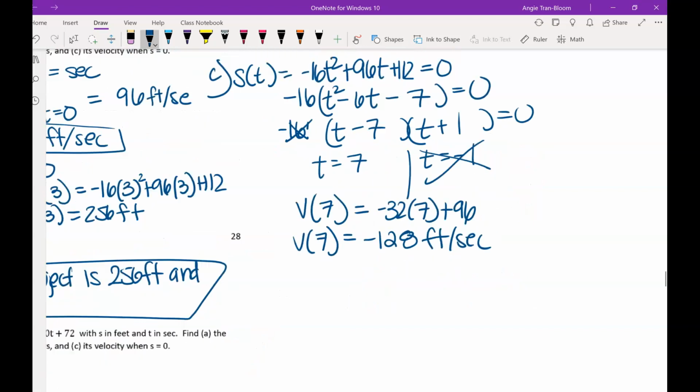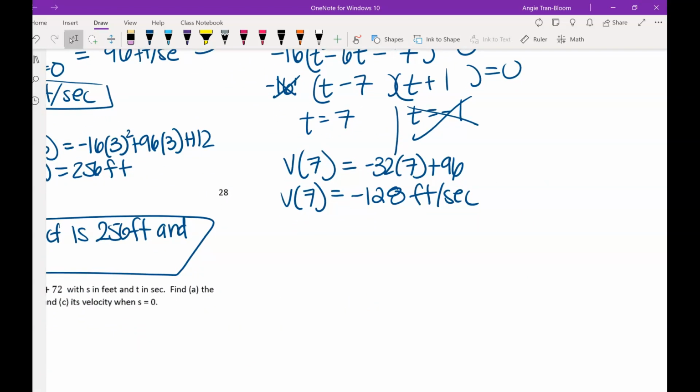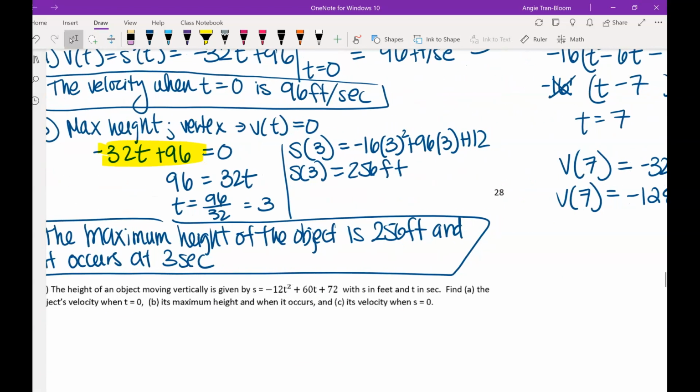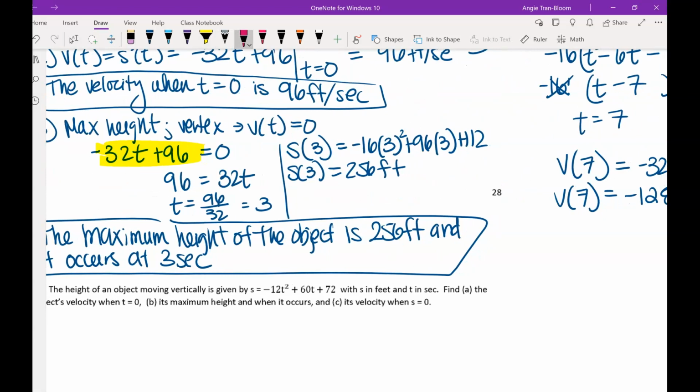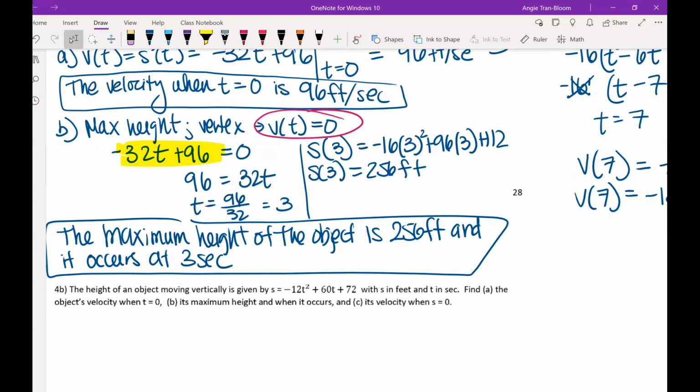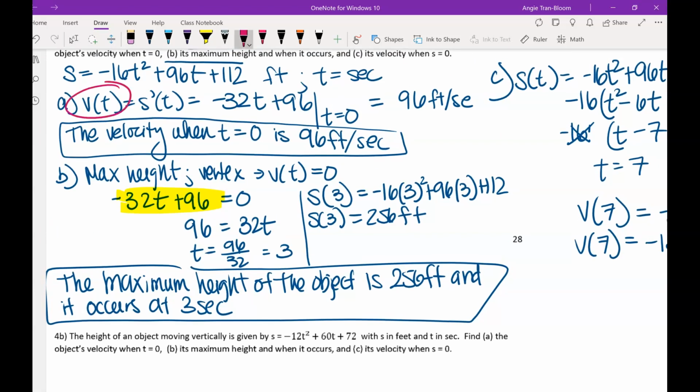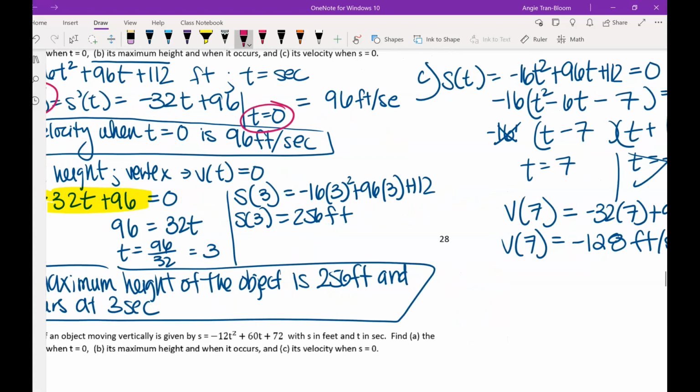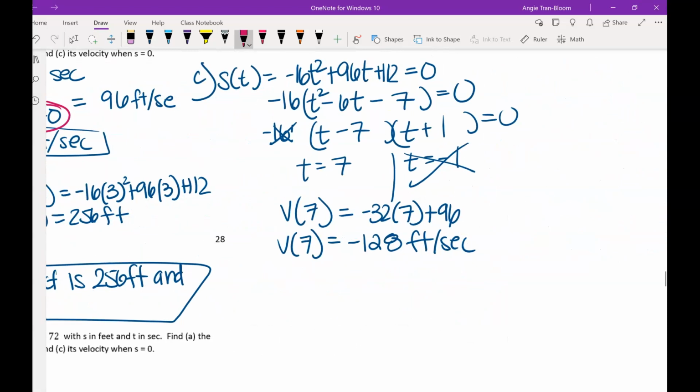All right, so that makes sense because it went up. So let's talk about this really quickly. This right here is the velocity when it went up at time equals 0, which explains why it was positive 96. Sorry, this one up here. Velocity equals 96 when t is 0. So when it went up, the velocity is positive because it was going upward at 96 feet per second.